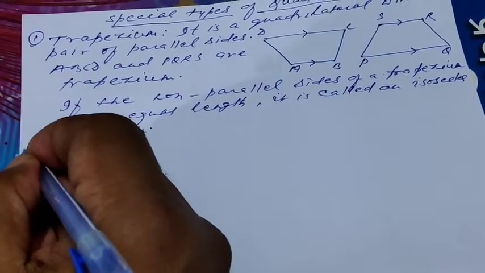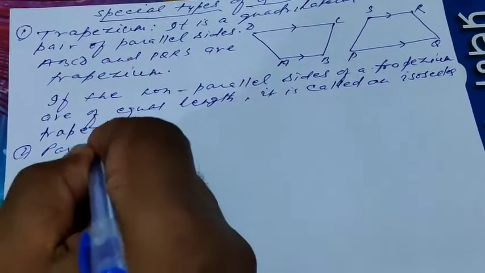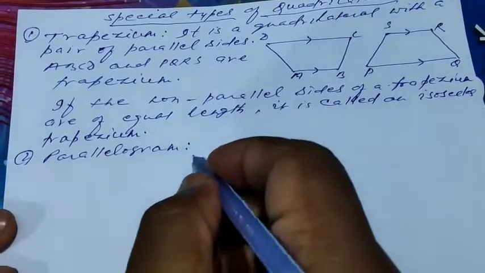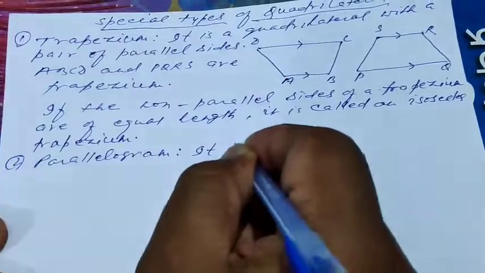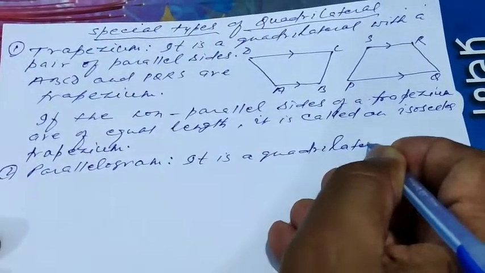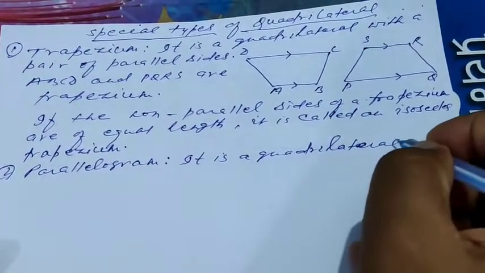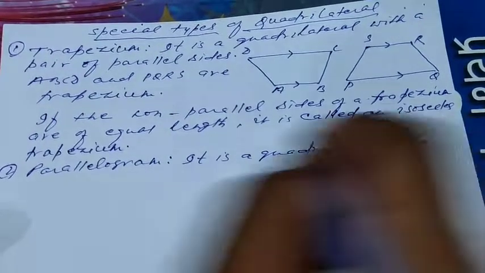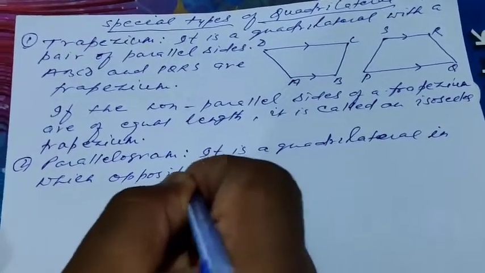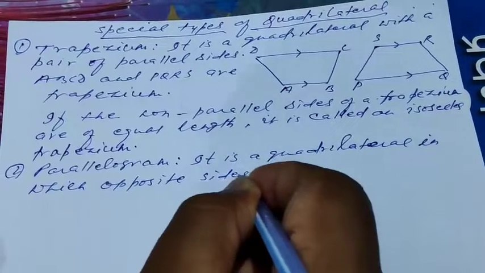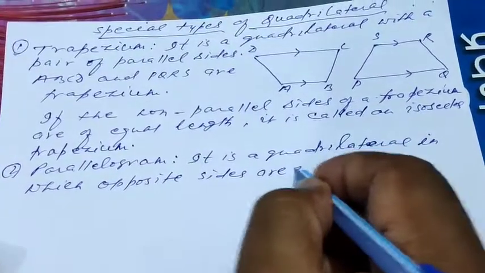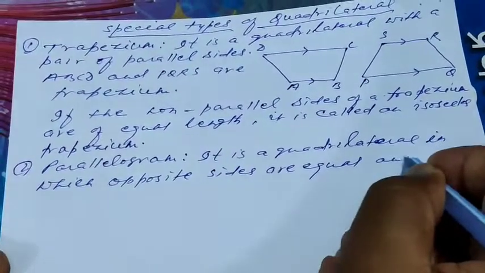Second is parallelogram. It is a quadrilateral in which opposite sides are equal and parallel.